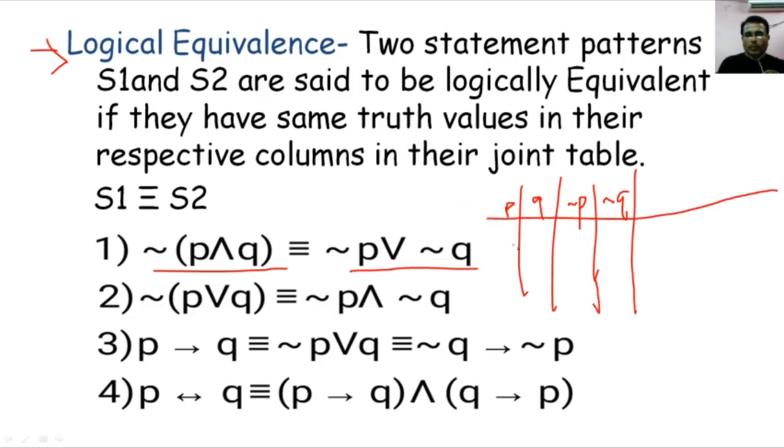Now it is known that while considering the truth values, we have to consider the values of P as true, true, false, false. Then here for values of Q, we have to consider true, false and true, false.